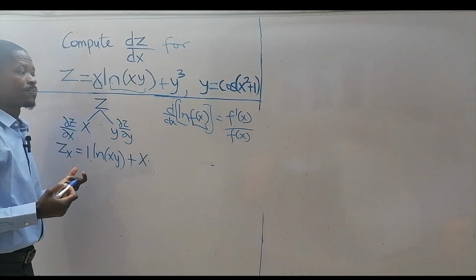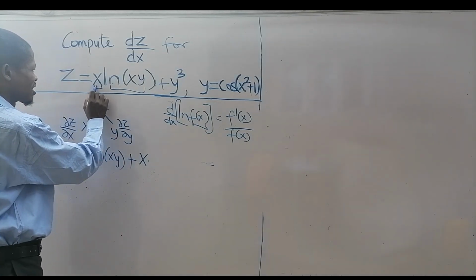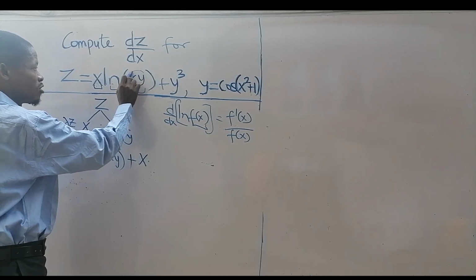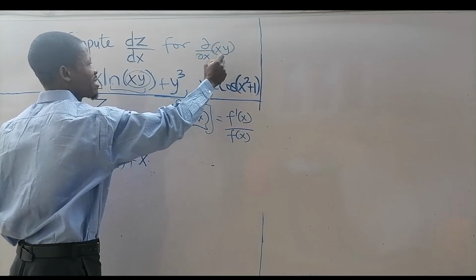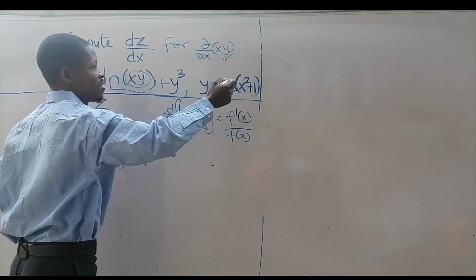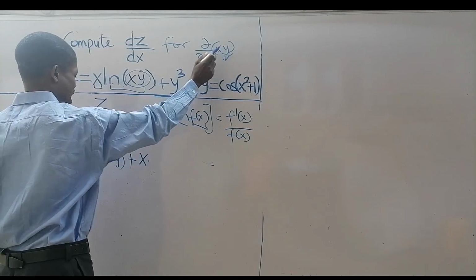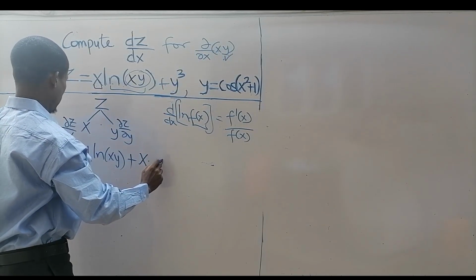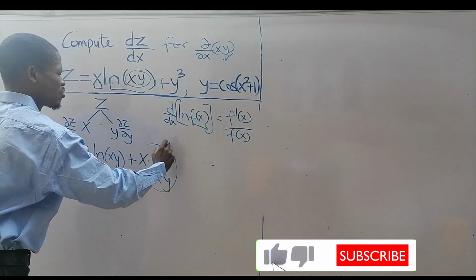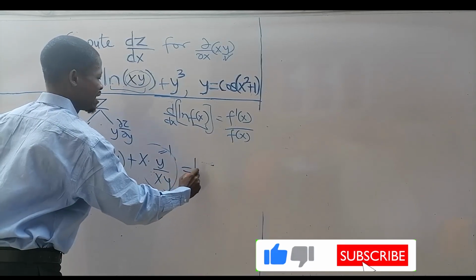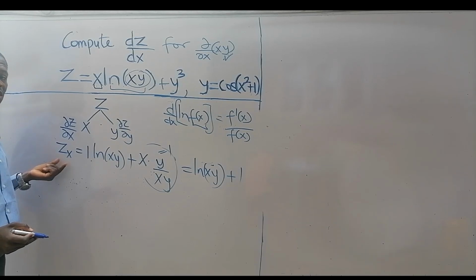That is how to differentiate the natural logarithm. So we're differentiating ∂/∂x of xy, and y is just a constant. You are only differentiating the x, and that will give you y in that place. So that's y over xy. So the whole of this place is equal to 1. So we now have ln(xy) plus 1.